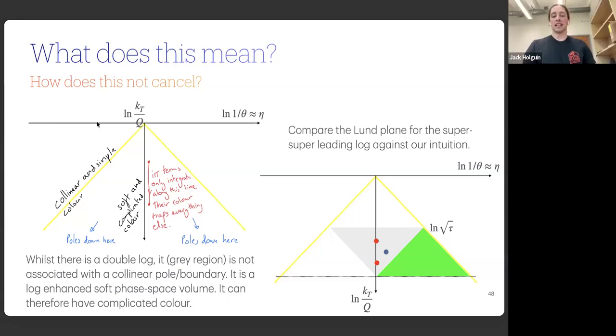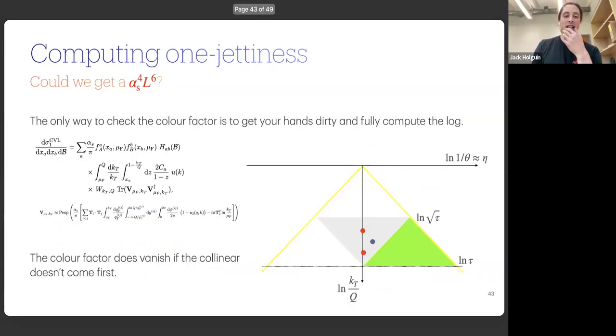And you can see this on the Lund plane. But you can see it more algebraically if you return to the formula for computing this logarithm. This is an amplitude level Sudakov factor, which you could also attribute in EFT language to being a Wilson line of a soft radiation going down each of the hard legs.